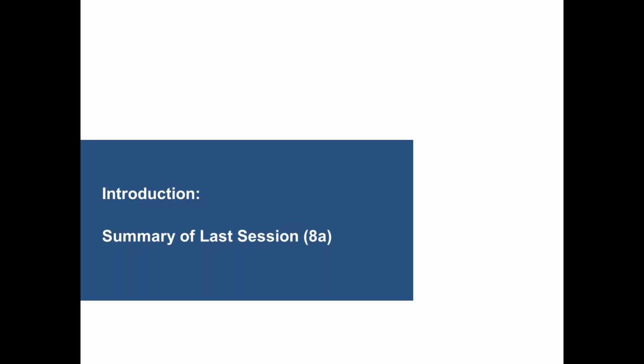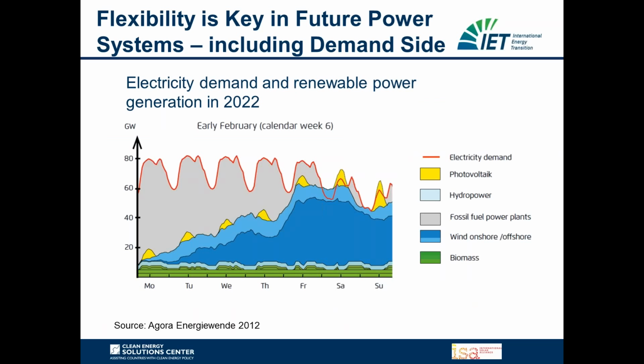First of all, let's have a quick recapitulation of what we discussed in the previous session. It became clear that future power systems will require a lot of flexibility, not only from the power generation side, but also from the demand side. This is primarily due to an increasing share of variable renewable energy sources, that means solar PV and wind energy. Since we cannot control their output in the same way as for conventional power plants, because they are weather dependent, we have to increase the flexibility of the remaining conventional power plants and also of the demand side.